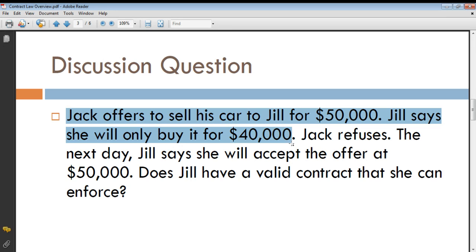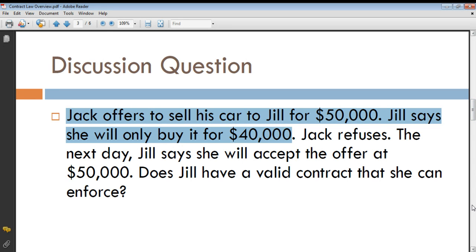Therefore, Jill cannot accept the offer later because the offer has already been terminated. This is your application and this is 2 marks. Your conclusion is the last mark you have. Does Jill have a valid contract? And the answer is no. Jill does not have a valid contract. 2 plus 2 plus 1, 5 marks.